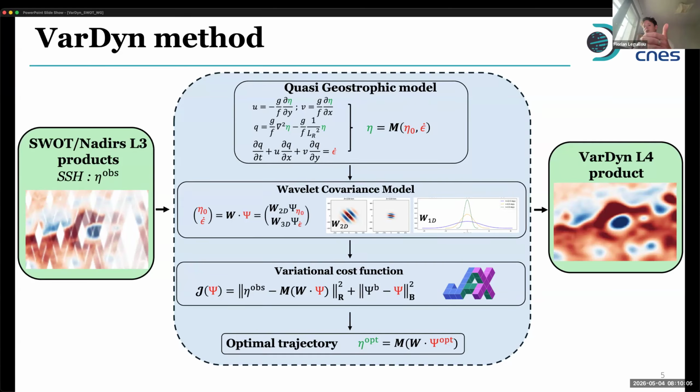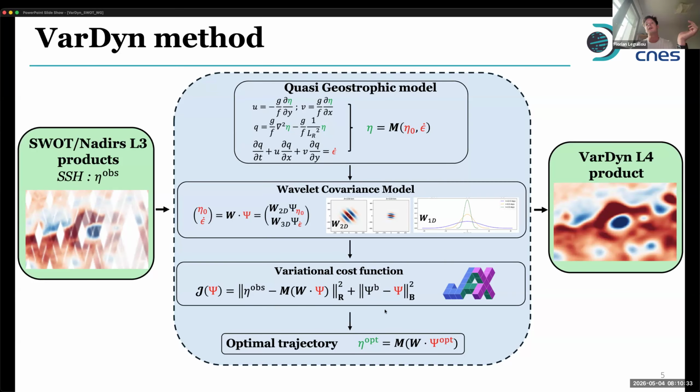In that sense, you can replicate the variability of the ocean surface with this kind of construction of the basis. Then we can project this physical variable into the basis, W, which is known, which is prescribed, and the coordinates of the basis, psi here, become our control vector.